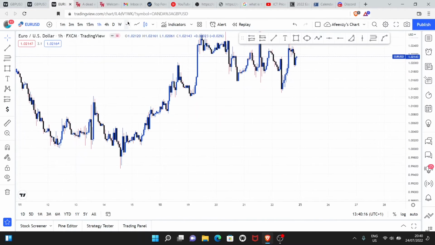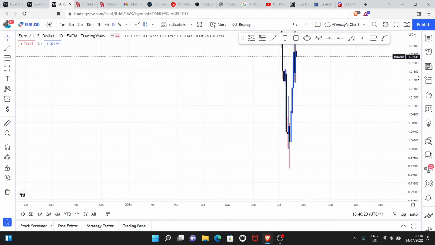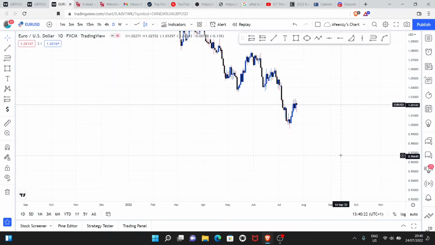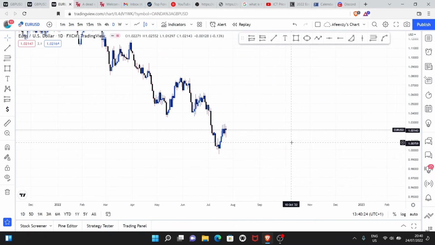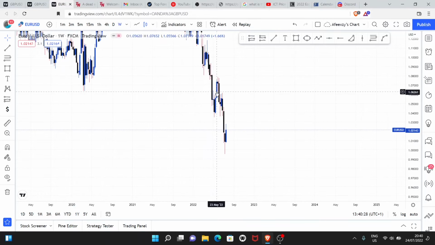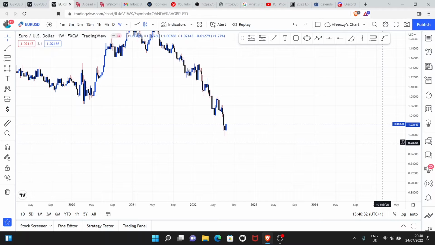So on EURUSD, let me go to the weekly time frame. On weekly, I really can't see anything much, just a bullish candle.